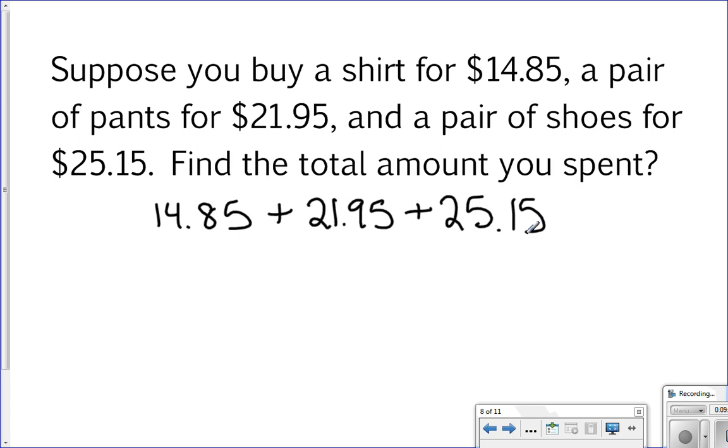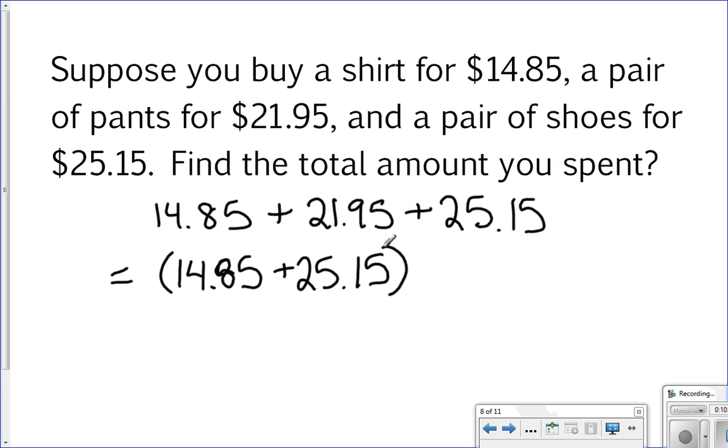So this looks like it might be a little hard with the decimals, but knowing mental math, I see that 85 cents and 15 cents makes $1. So I can use the associative property of addition to group these two together. So that's exactly what I'm going to do. I'm going to group $14.85 with $25.15 plus $21.95.